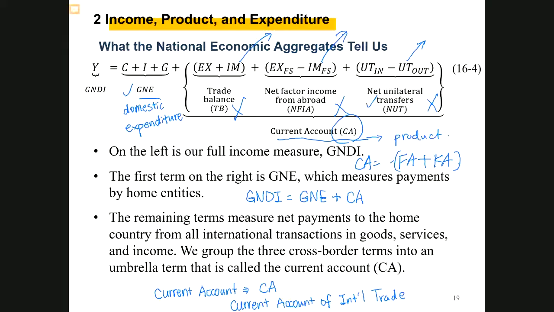This is called the balance of payments identity. We will have one of the slides. It's just typically focus on this one.